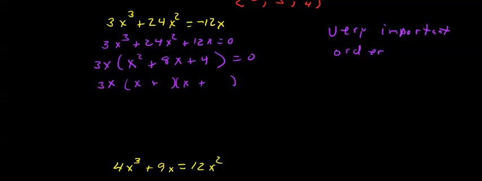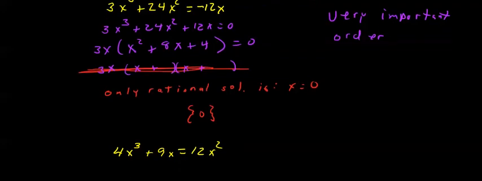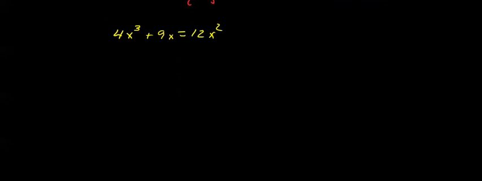In fact, I'm going to put a big red line through this. I can't factor this, so the only rational solution is x equals 0. No other choice. Nothing else is going to work. Now there's other solutions, but rational number, just 0.